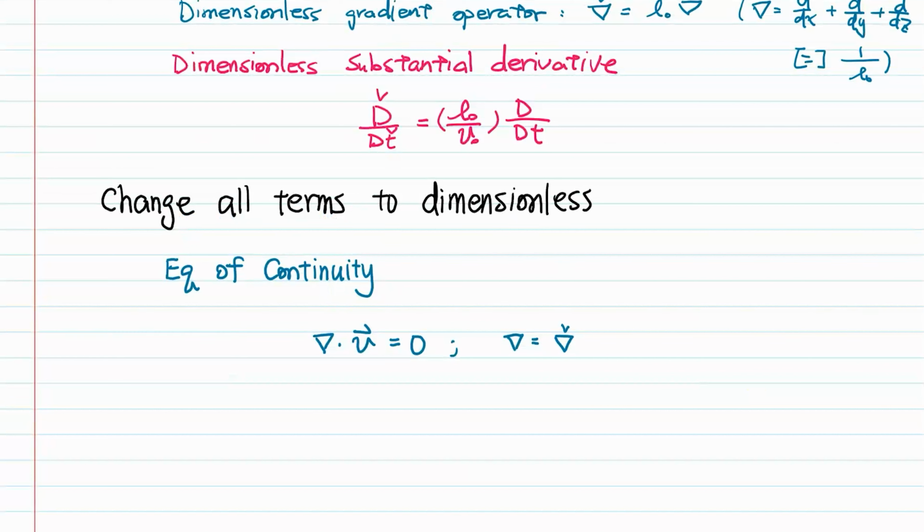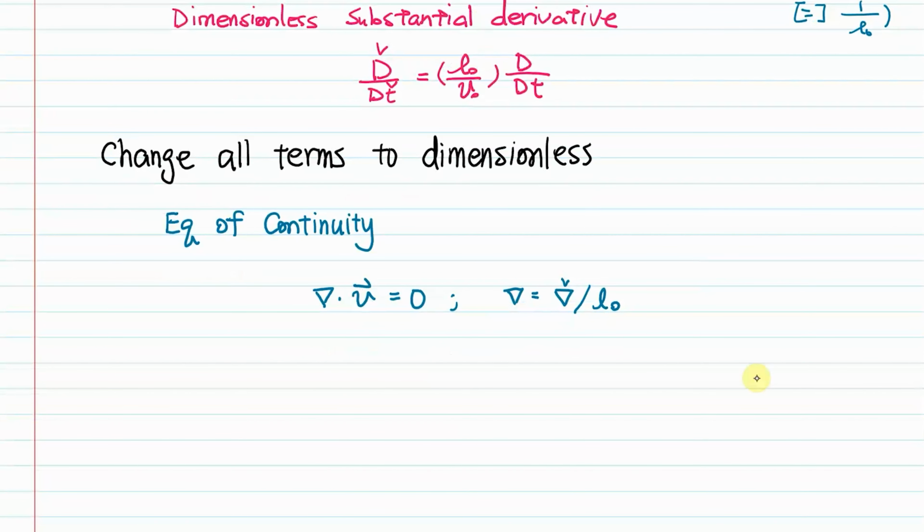Let's see. Yes, so the gradient operator equals the dimensionless one divided by L naught. And we also have the velocity profile, which equals the dimensionless velocity multiplied by V naught.